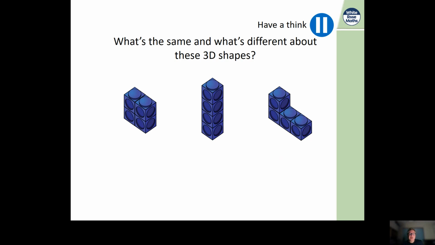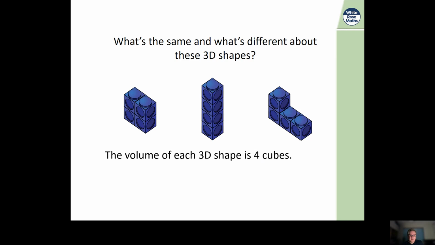Have a think about this. What's the same, what's different about these 3D shapes? Okay, so the volume of each 3D shape is 4 cubes. Hopefully by now that's okay, because you're counting them. 1, 2, 3, 4, 1, 2, 3, 4. Great. But they've been arranged differently.